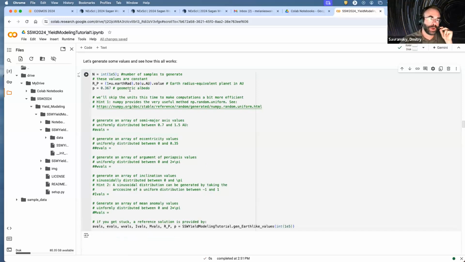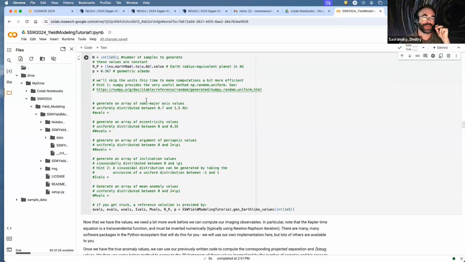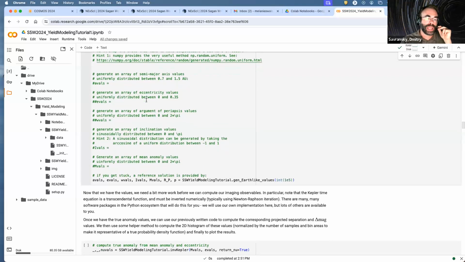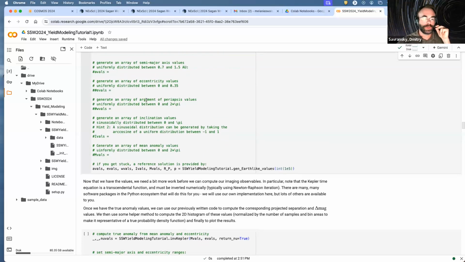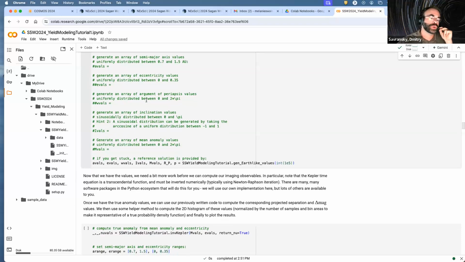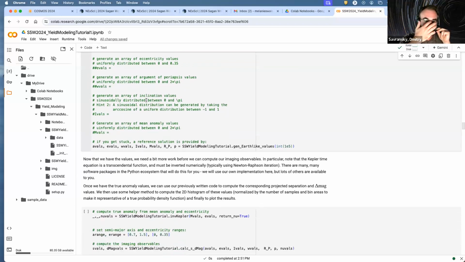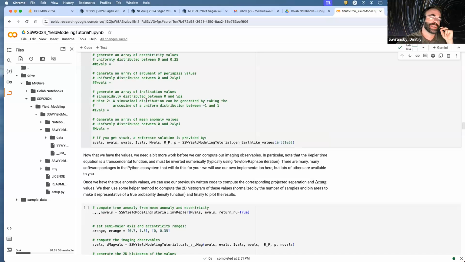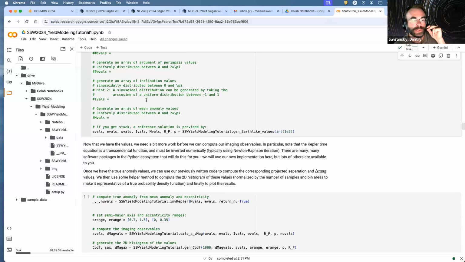So instead of doing the hard statistical task of sampling from an arbitrary distribution, we sample from a very simple uniform distribution that is accurate for the mean anomaly. Then we use relatively straightforward equations and established methods to compute the true anomaly from that. And that's what the code in the next cell after you complete this exercise does for you.